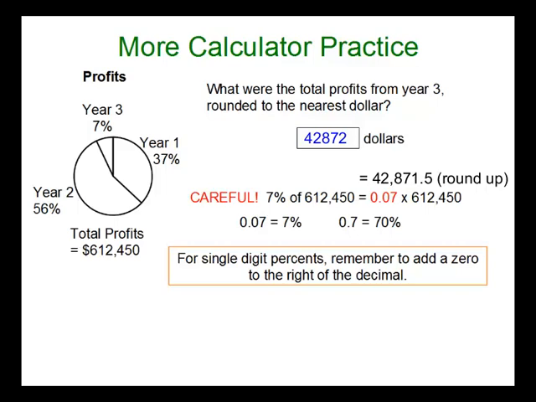We expect a number kind of in that ballpark. That wouldn't be good enough to get this correct, but it would reveal an error if you had mistakenly calculated that the answer was 428,715. If you were off by a whole factor of 10, a sanity check would reveal that.